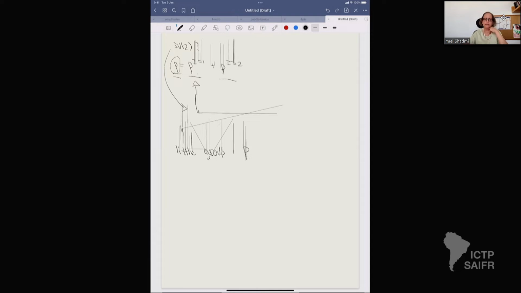Okay, so let me remind you a little bit about the little group. The little group is the subgroup of Lorentz transformations that keep the momentum invariant. And now we're talking about a massive particle, so the easiest frame in which to think about this is the rest frame. In the rest frame, our momentum is just m, 0, 0, 0.